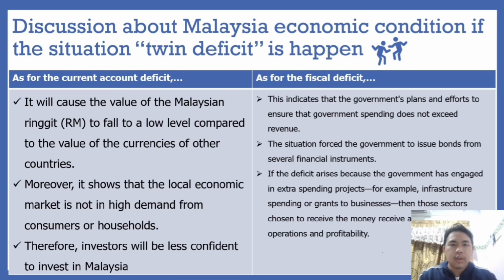Okay, now let's take a look at the Malaysian economic condition if the twin deficit situation happens. First, as for the current account deficit, it will cause the value of the Malaysian ringgit (RM) to fall to a low level compared to the currencies of other countries. This is indirectly due to the high value of imports compared to the value of exports.